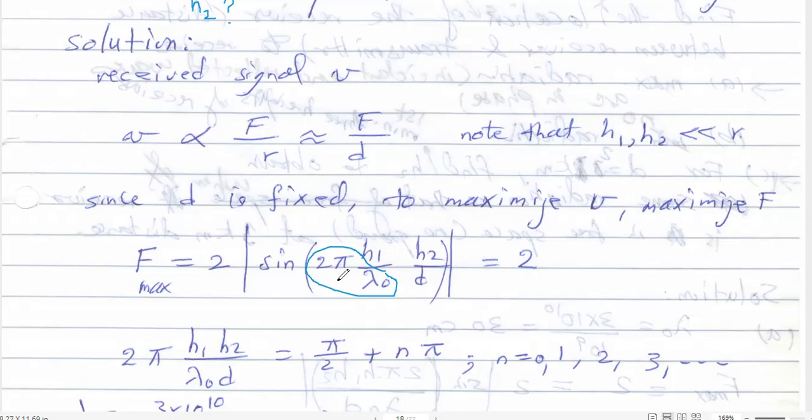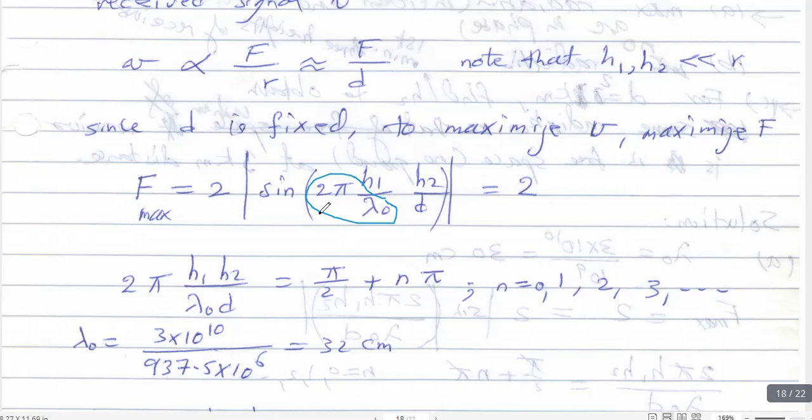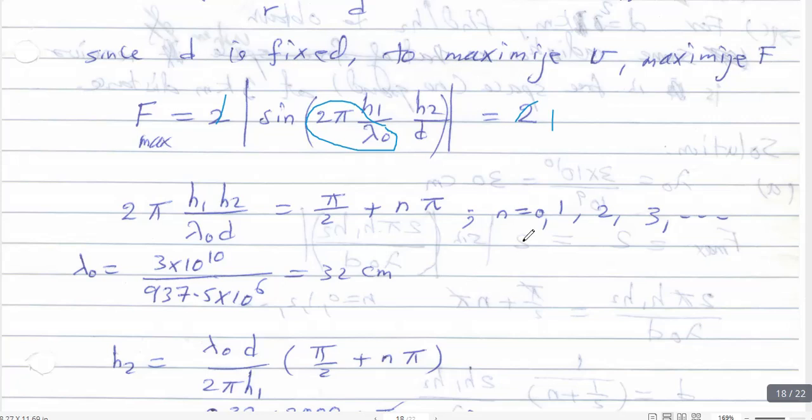The reception will be maximum when sine is equal to 1, therefore the maximum is 2. The sine is 1 when the angle is equal to pi over 2 plus n pi, where n is equal to 0, 1, 2, 3, etc.